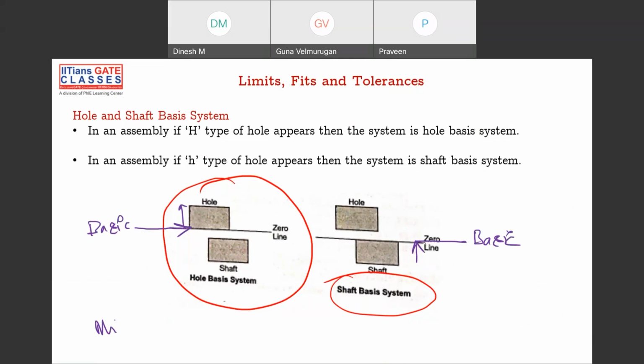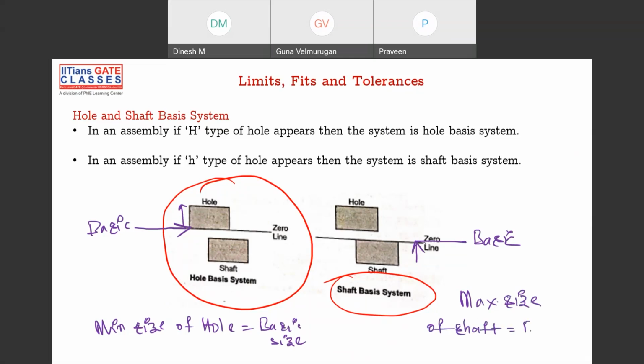Here, the minimum size of the hole is equal to the basic size, and here the maximum size of the shaft is equal to the basic size. So that is the difference between hole and shaft. This is your hole system, and this is your shaft system.